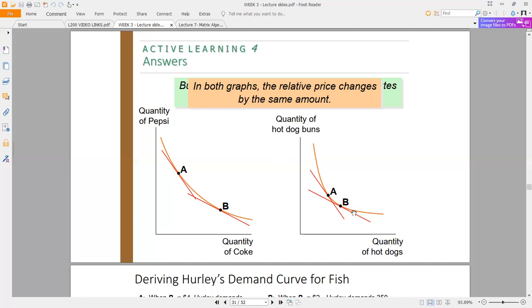But if you come to two goods that are complements, they are consumed together to attain a certain level of satisfaction. So if there's a fall in the price of one, you are buying more of that. Okay. But just know that as you are buying more of that, you have to buy more of the other good as well.